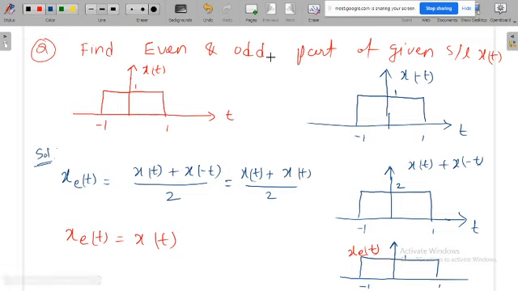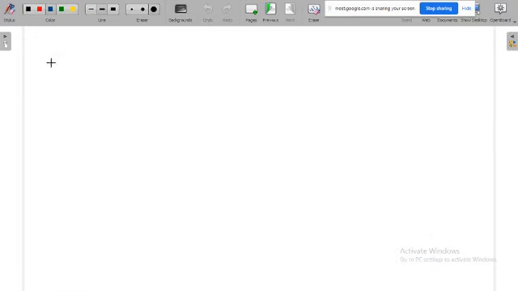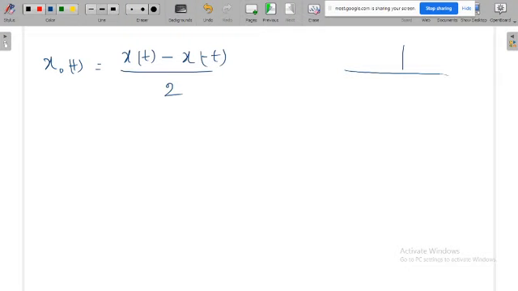So we'll just go by the formula. If you want the odd part of the signal, that is x of t minus x of minus t, divided by 2. We already have x of t, going from minus 1 to plus 1 with the value of 1.